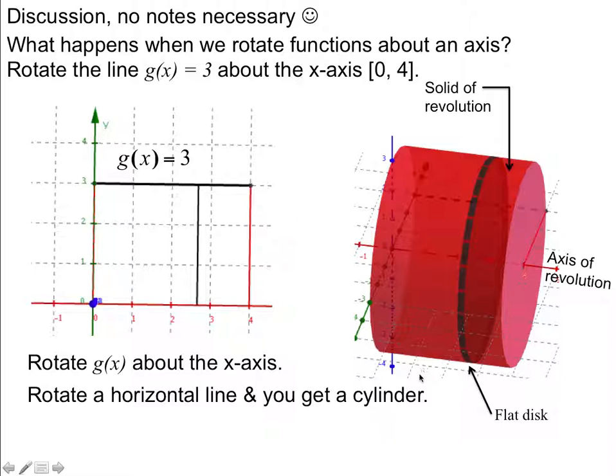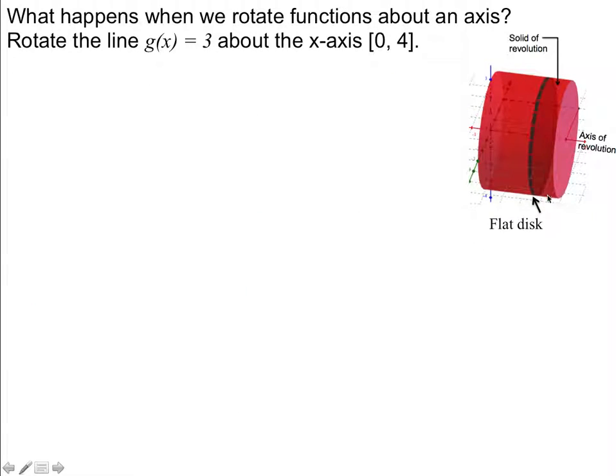So you're going to notice here that this is a geometric shape. It's a cylinder, and so we really don't need the calculus to calculate the volume of this. We can use some geometry formulas to calculate the volume of this. But we're going to start out with this shape and figure out what we could do from a calculus standpoint to get the volume here.